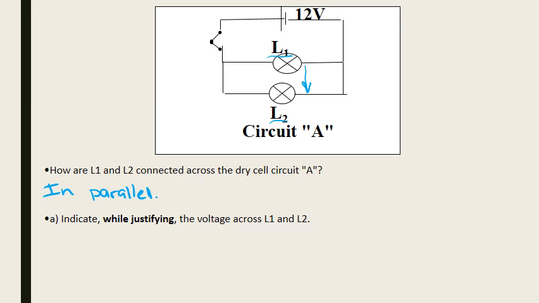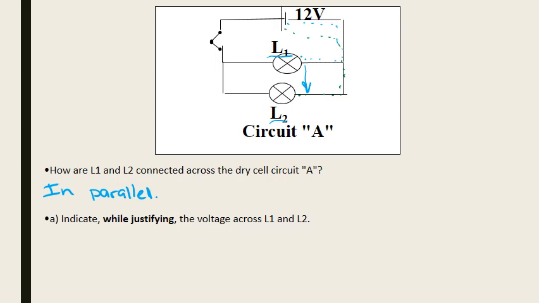Now, because they are connected in parallel, the voltage that they will receive is 12 volts each. So 12 volts will come to L1 and 12 volts will go to L2.